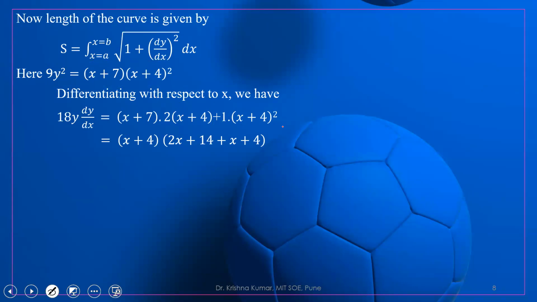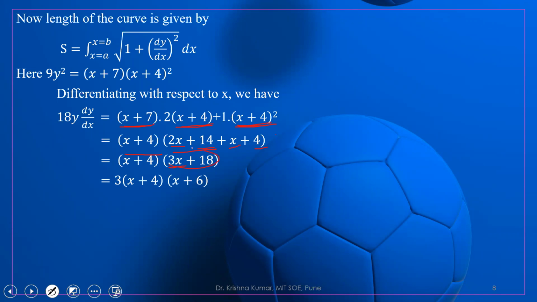Let us multiply this. We take x plus 4 outside. What is remaining over here? It is (2x plus 14) plus (x plus 4), and x plus 4 is taken outside. So 2x plus x is 3x and 14 plus 4 is 18, so we can write 3 times (x plus 4) and (x plus 6).